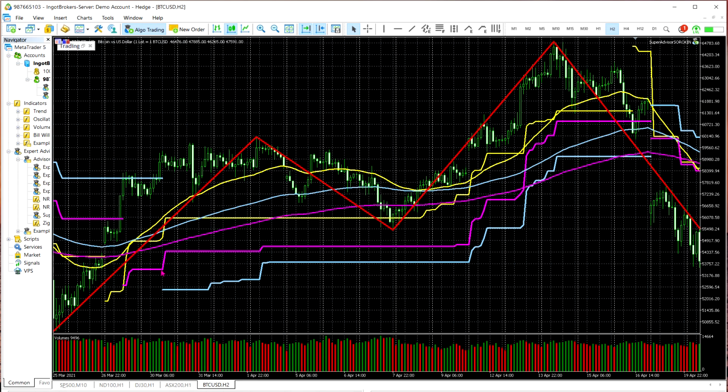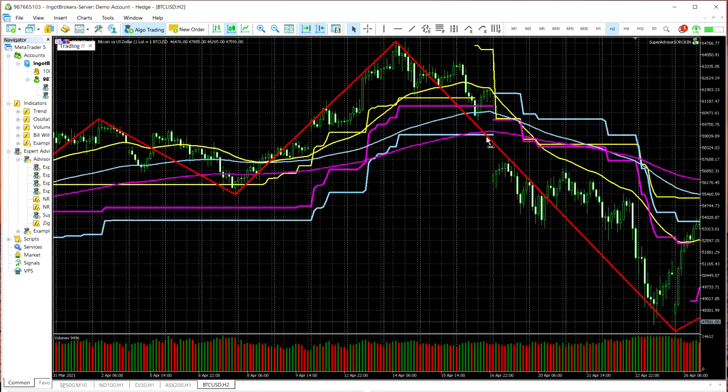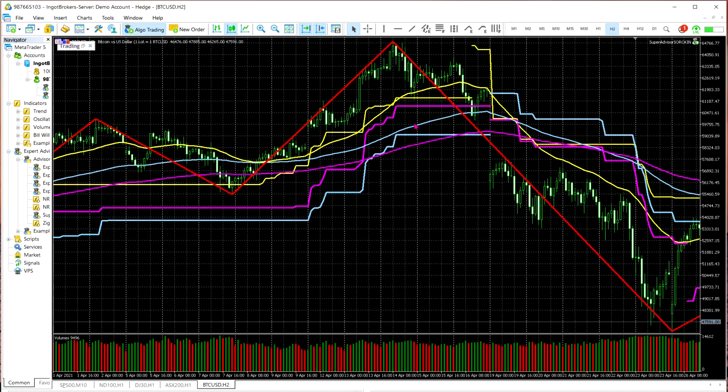Typically the magenta one should be under the blue one, but sometimes the magenta comes above the blue one. It's a very important indicator because it's telling you that soon the trend will change again, and the trend is changing, as you can see here.